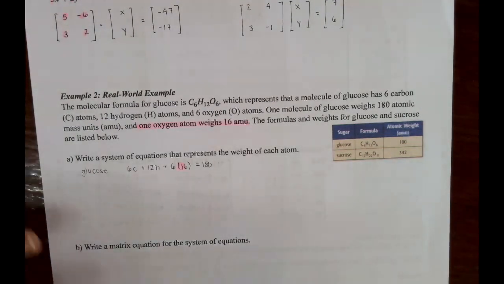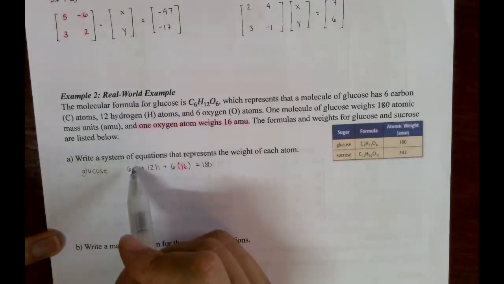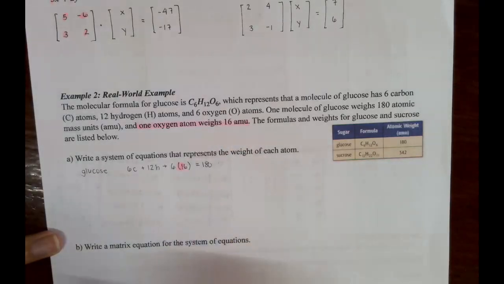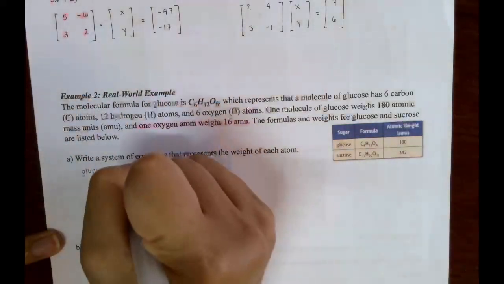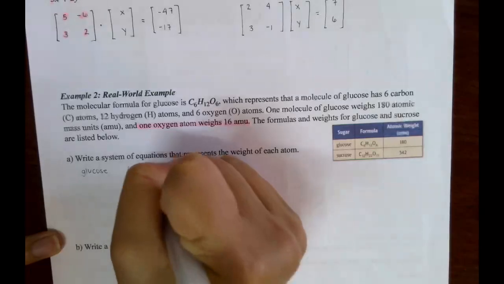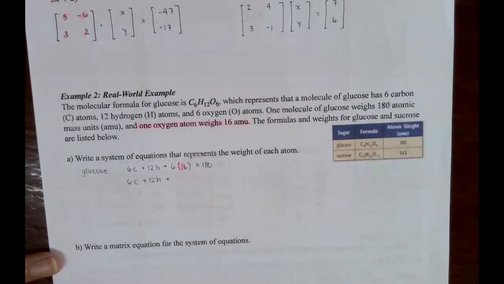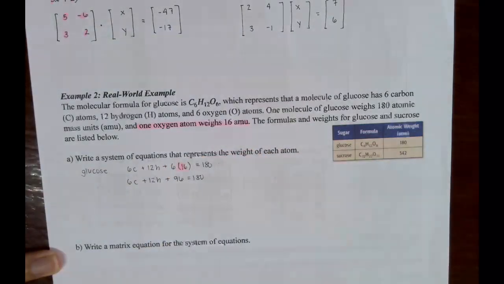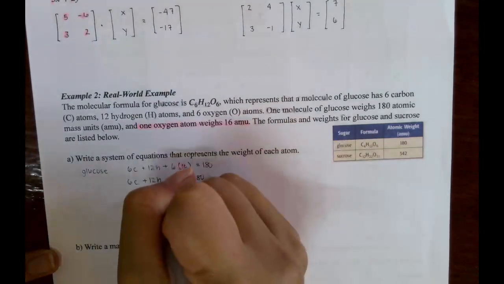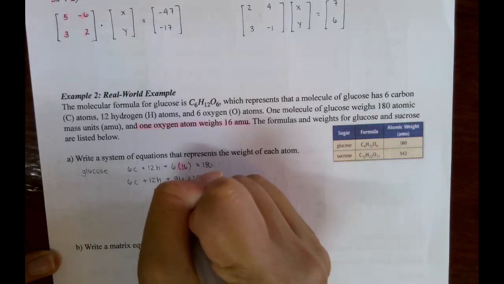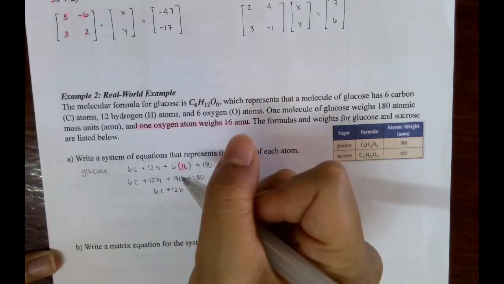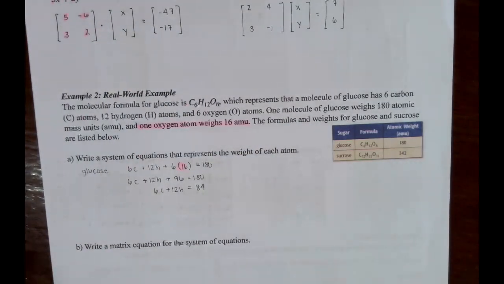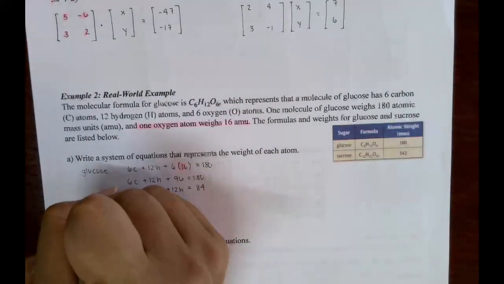Okay, so let's simplify here. 6C plus 12H. 6 times 16 is 96. Then, when I subtract the 96 over, I can simplify to 6C plus 12H equals 180 minus 96, which is 84. Okay. So now let's do the same thing for sucrose.